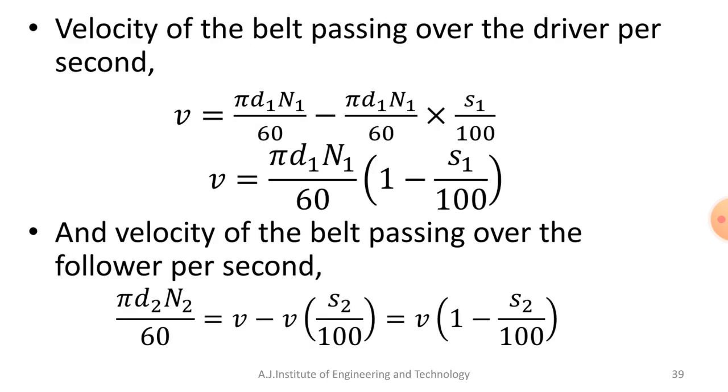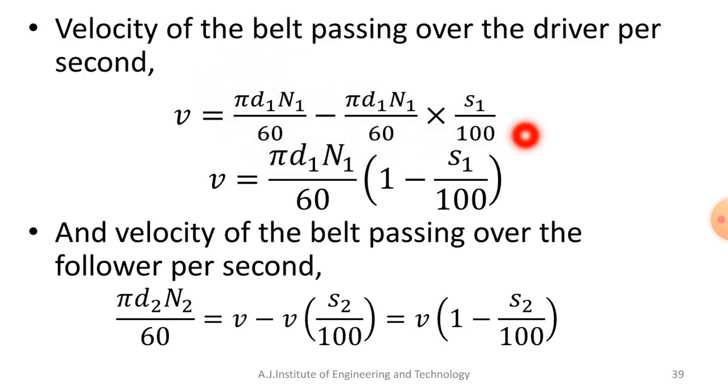The velocity of the belt passing over the driver per second is usually given as pi d1 n1 divided by 60. This is the velocity with respect to the driver pulley. If you consider a slip of S1 percentage, you have to multiply it with the original velocity, and that effect we have to subtract from the original value.